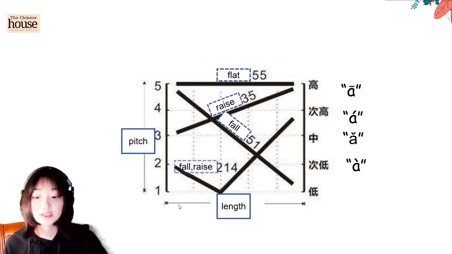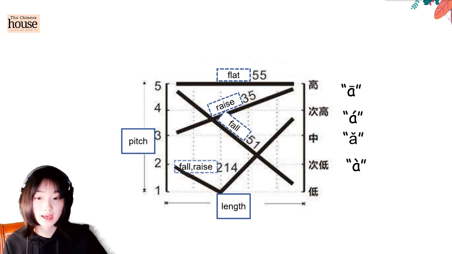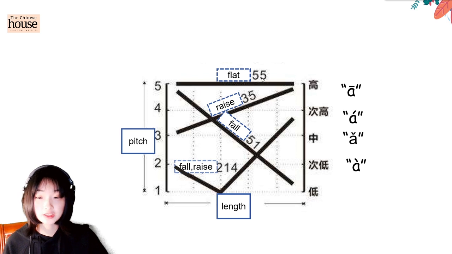First, this is length, and this is pitch. And here, I forgot to translate. This is low, this is high, this is medium, this is between low and medium, and this is between medium and high. So let's look at the first tone, flat. Take a as an example again.